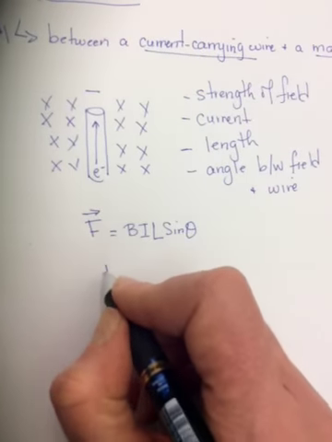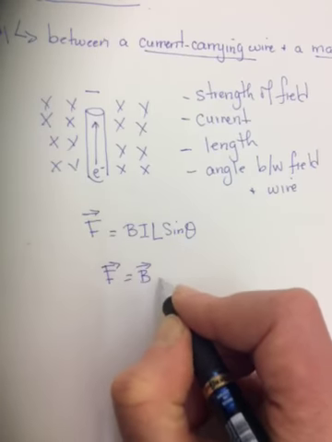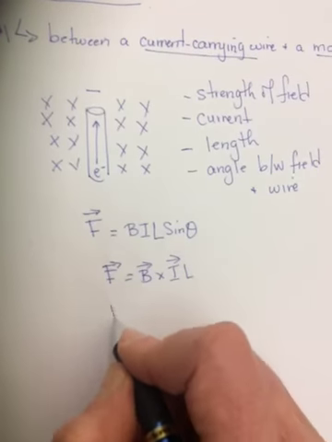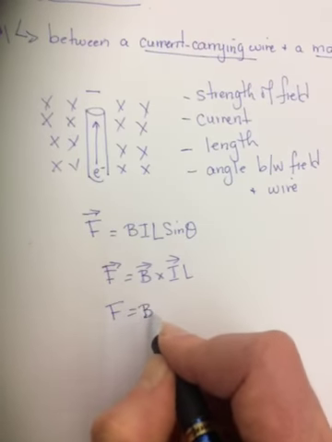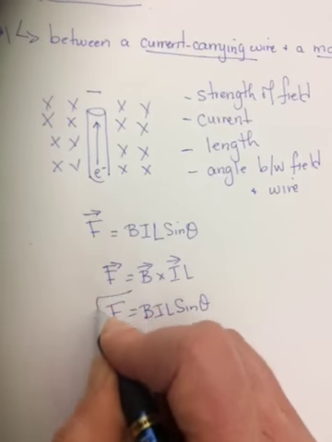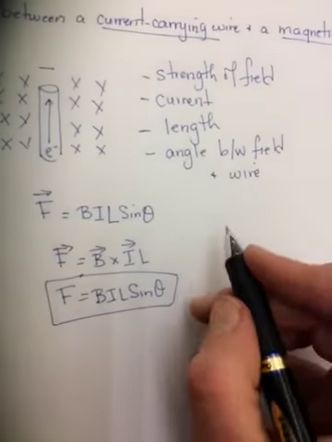So the actual equation is F is equal to B cross IL, which means it's equal to BIL sine theta. So we're cross multiplying. This is our equation, and it's often known as the Bill equation.